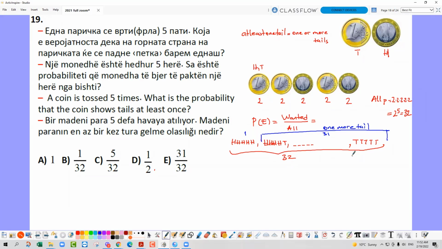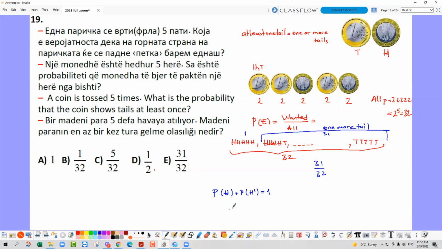So how to calculate this? There are two ways. If you can see this one, 31, so the answer is 31 over 32. Or, it is easy to calculate the probability of all heads. The probability of the event plus the probability of not the event is always 1.